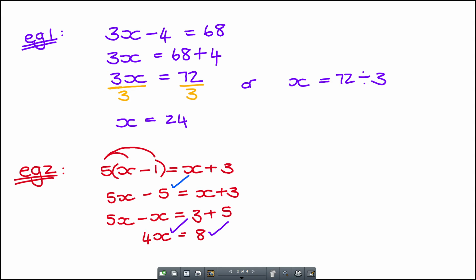Now from there, we go to step 3, which says get rid of coefficient. So my coefficient here is 4. So I'm going to divide by 4. So your final answer will be x is equal to 2. And that will be your 4th mark. So 4 marks for this equation.